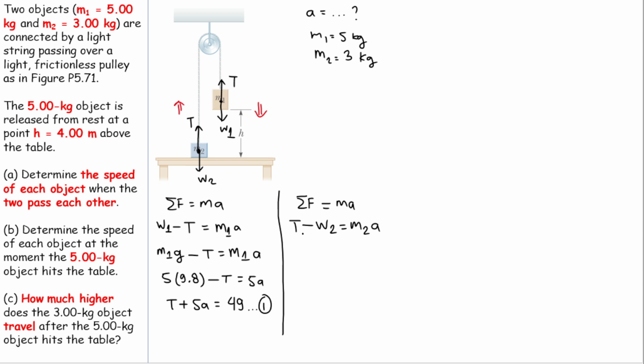Weight number 2 is M2 multiplied by G, and that will equal M2 multiplied by A. M2 here is 3 kg, right? So I'll have 3 multiplied by 9.8, and that will equal 3A. So we'll have T minus 3A, and that will equal 3 times 9.8.